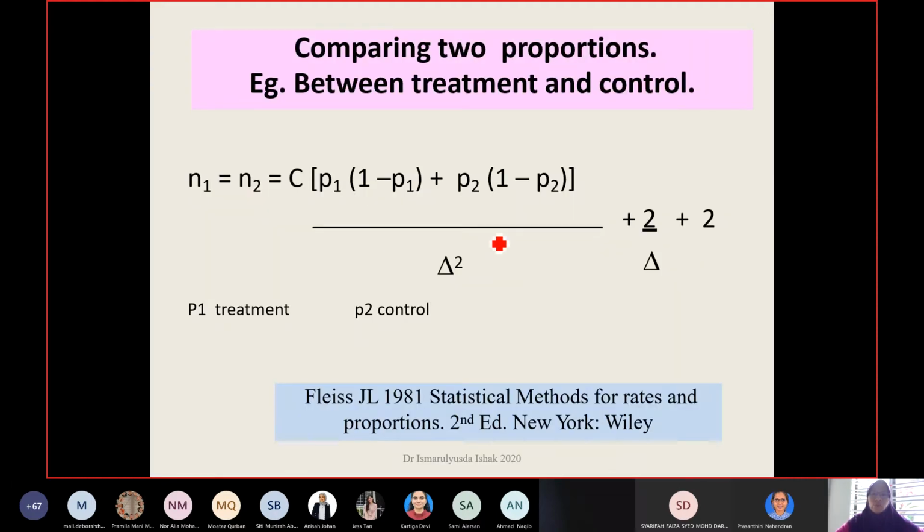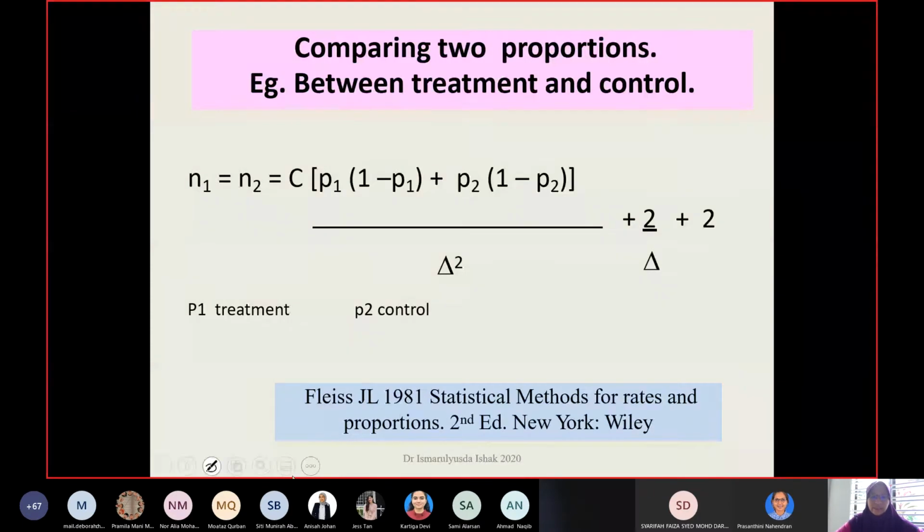This is for comparing two proportions. You have C, P1, P2. Also, you don't have to remember it. If you want to search for your proposal, just search for it. I got it from Fleiss 1981.